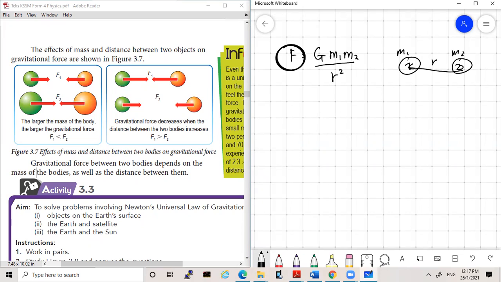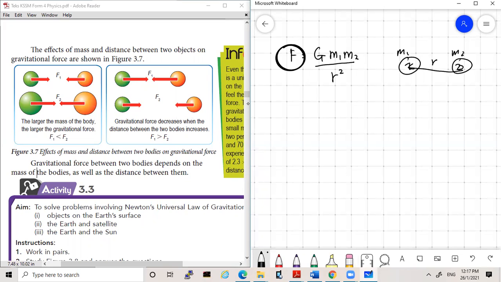Before we look further into our equation, if you have your own textbook, you may open this page. What they are trying to explain here is how the mass and the distance between the two objects can affect the gravitational force. For the first diagram, we have two phenomena.